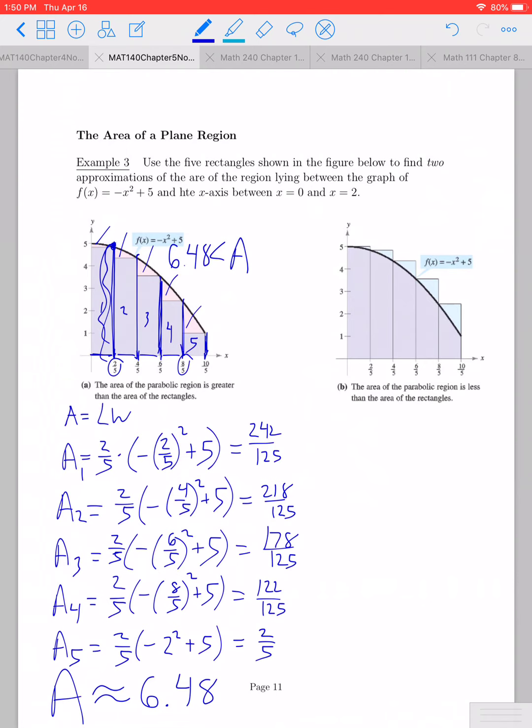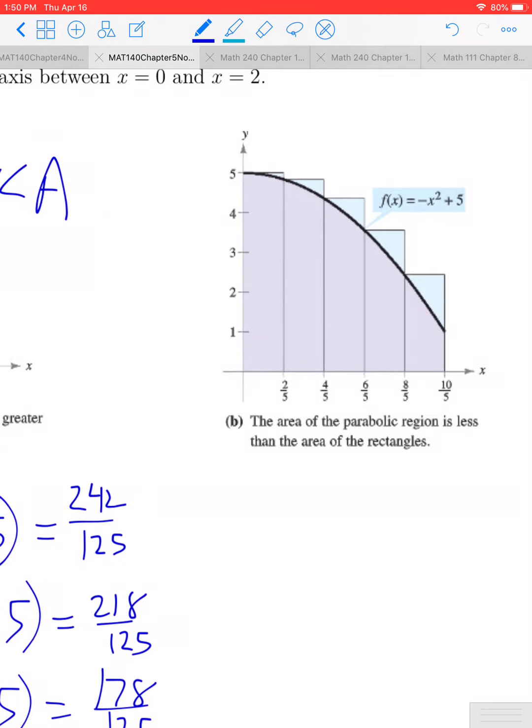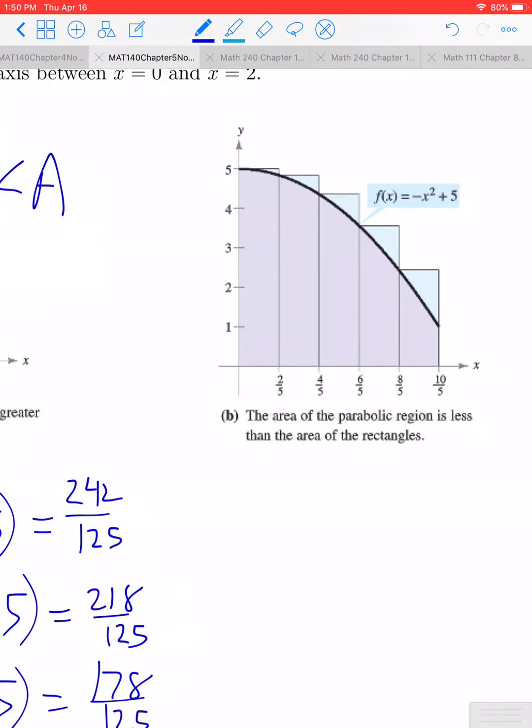We can do a different style of approximation, this time using circumscribed rectangles. And in this case, it's going to be the left endpoint of the function that will give us the area of each of these rectangles. So we have rectangle 1, 2, 3, 4, 5 again.